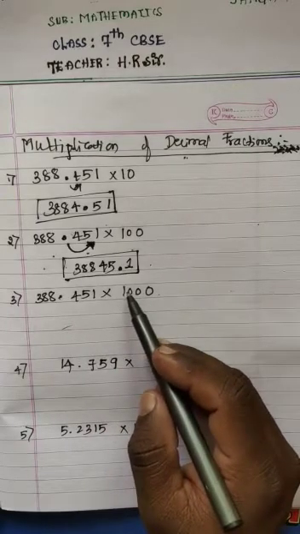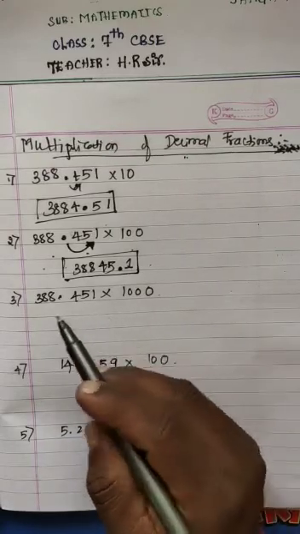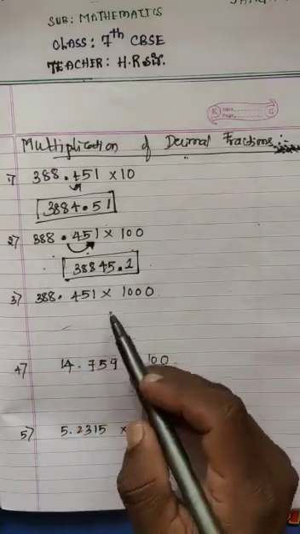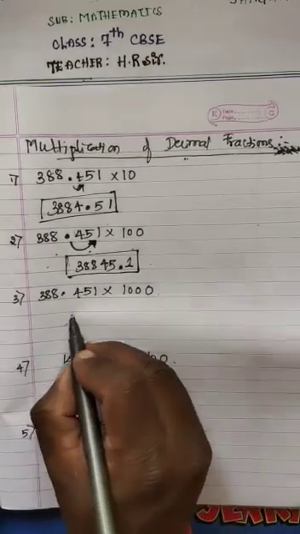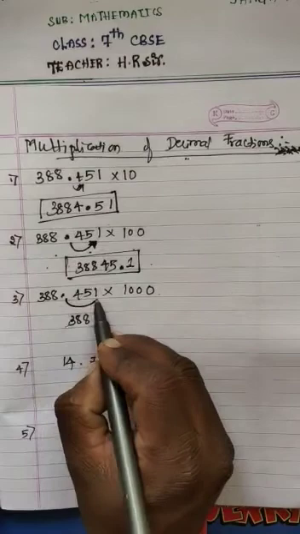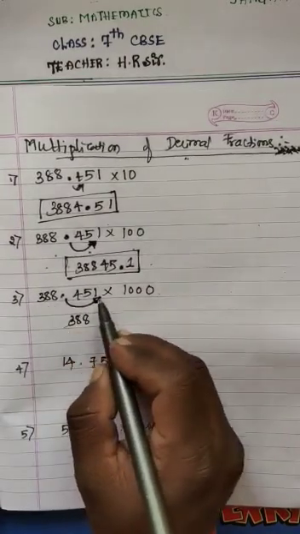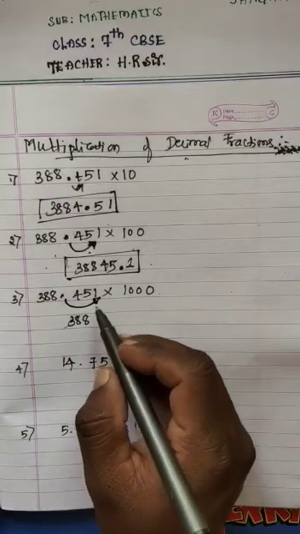In 1000 we have three zeros, so the decimal point shifts three places to the right.